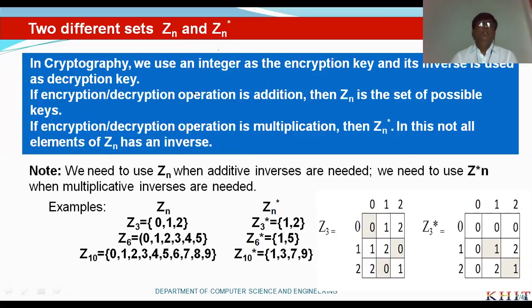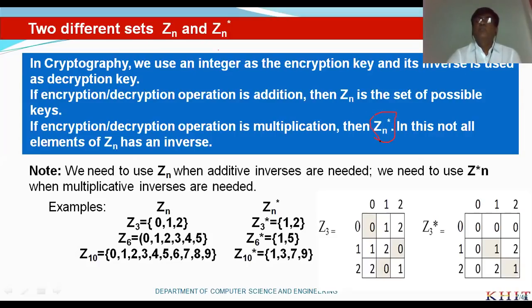If the encryption and decryption operation is addition, then Zn is the set of possible keys. If it uses addition, then every integer in Zn has an additive inverse. If the encryption or decryption operation uses multiplication, then it uses not Zn but Zn star.